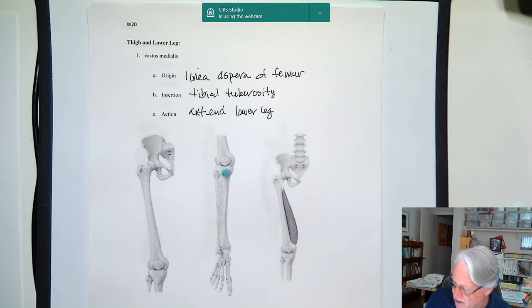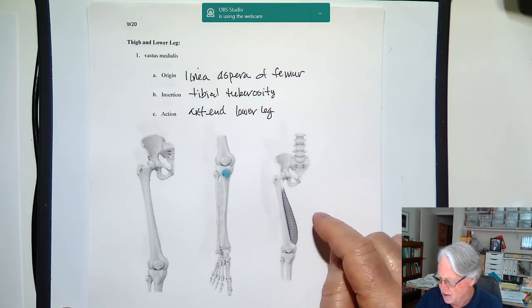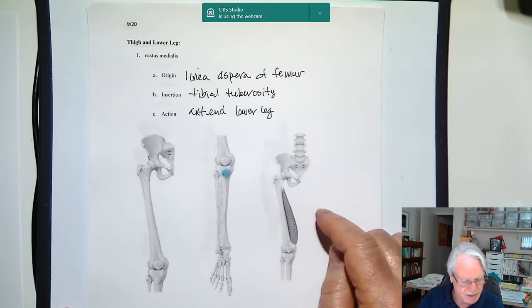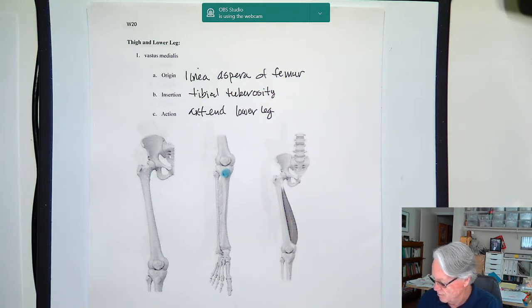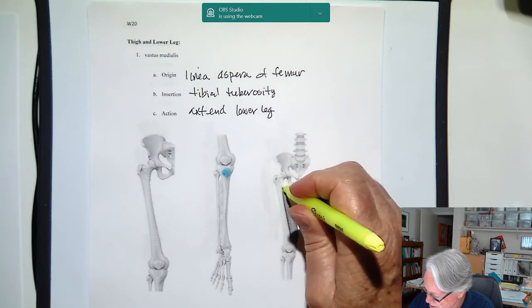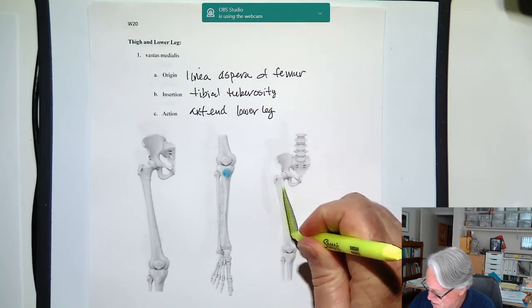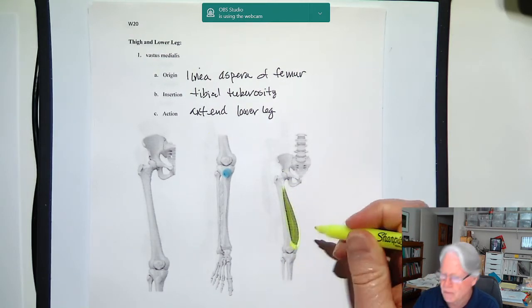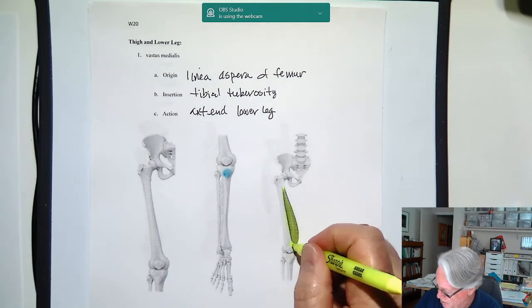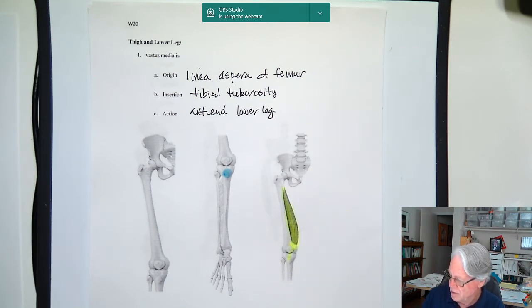So vastus medialis, and there's the muscle right there, isolated, and it goes all the way down here, of course. Obviously it's on the medial side of the leg.